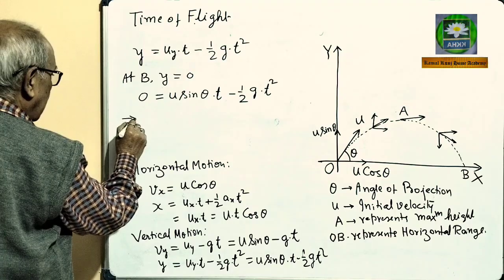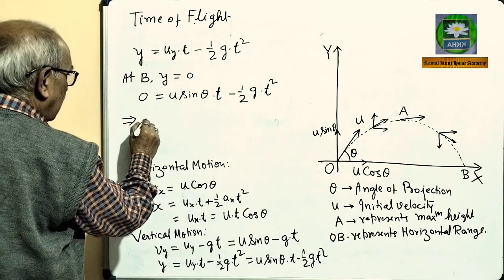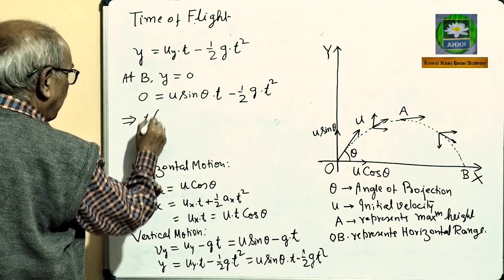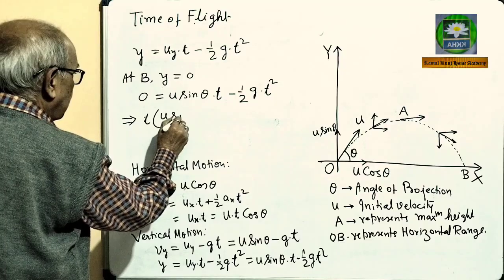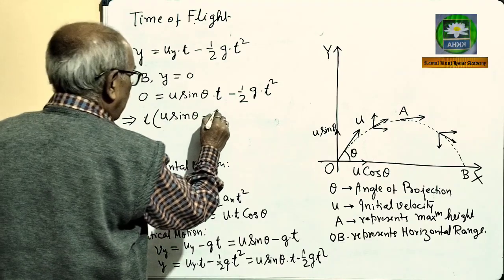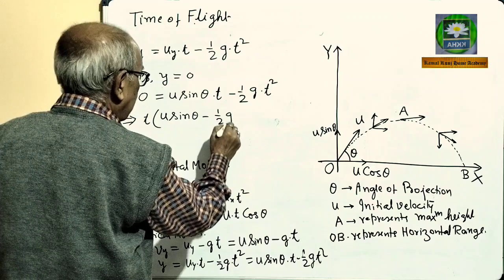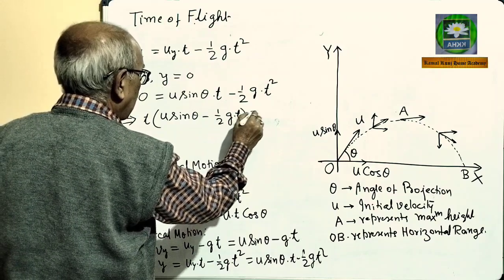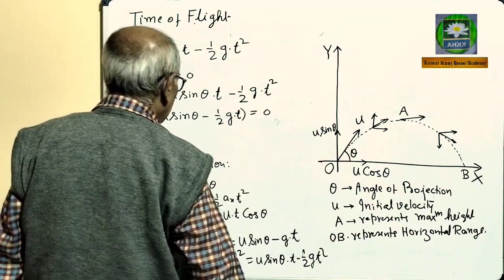This implies that t into u sin theta minus half g into t is equal to 0.